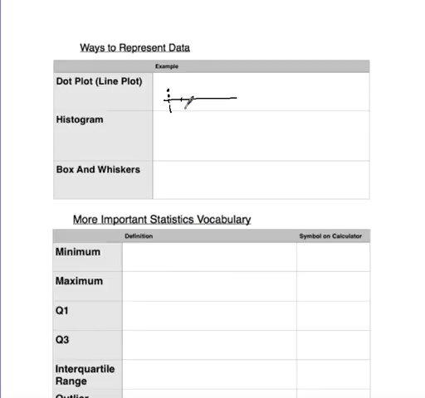So your horizontal line will have numbers or categories. And then the people that responded with these particular values would be counted and represented as dots.